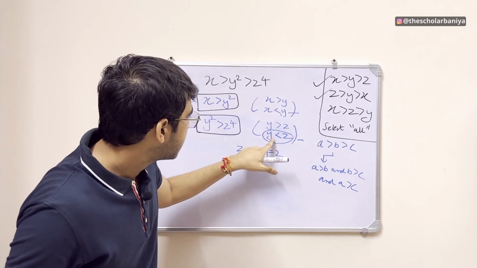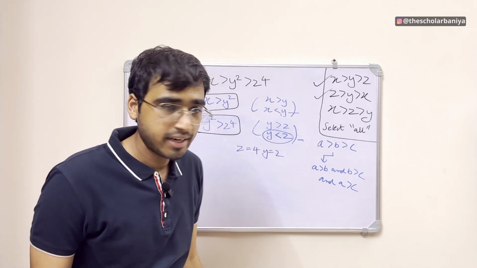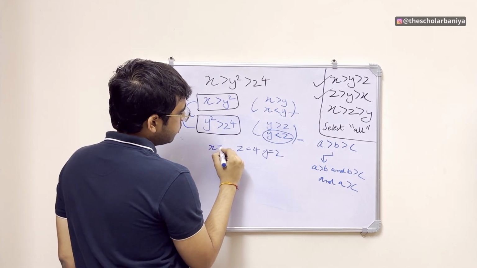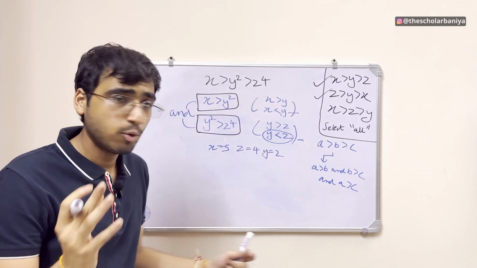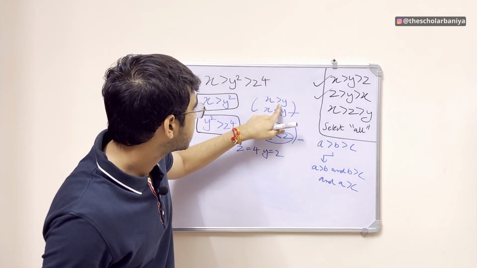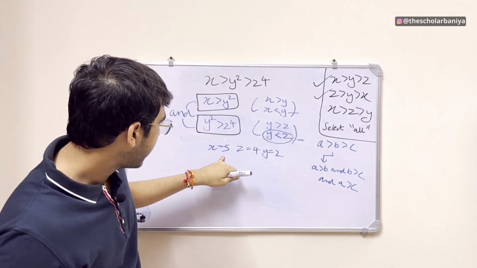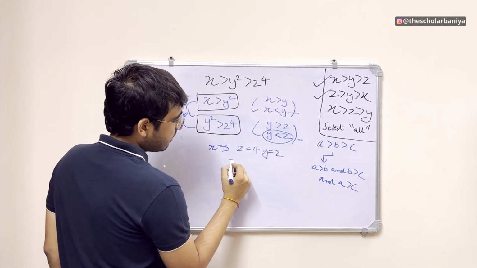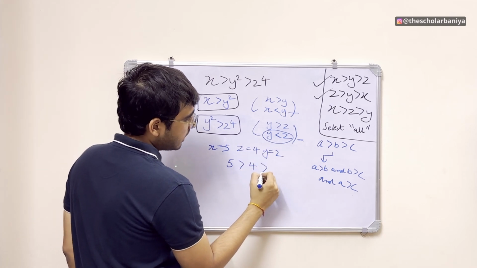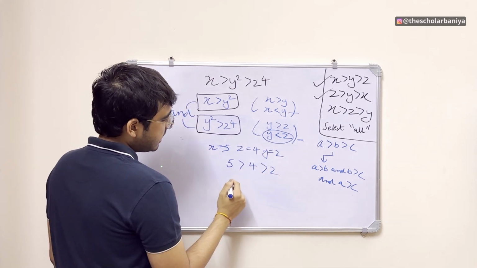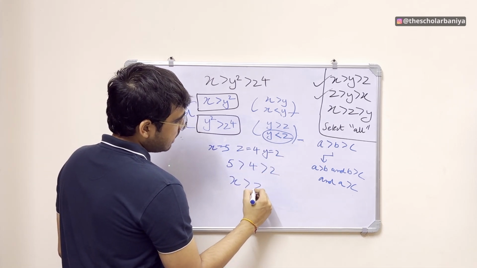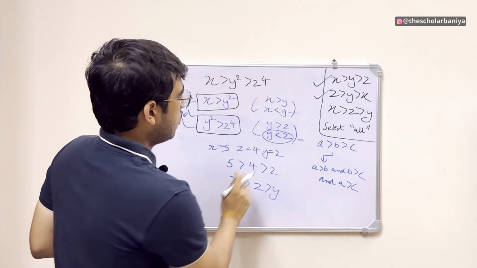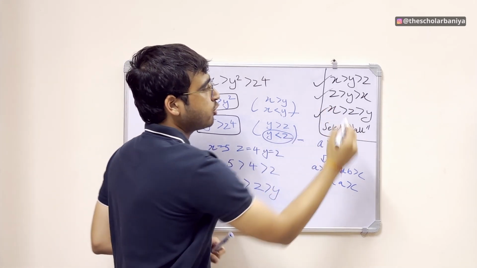So z is greater than y, absolutely fine. If over here we see that x equals 5, let's suppose, then x is greater than y, which means 5 is greater than 2, this is also fine. So over here we see that 5 is greater than 4 greater than 2, right? So we can say x is greater than z greater than y, this is also true.